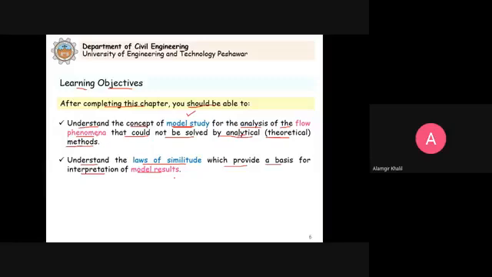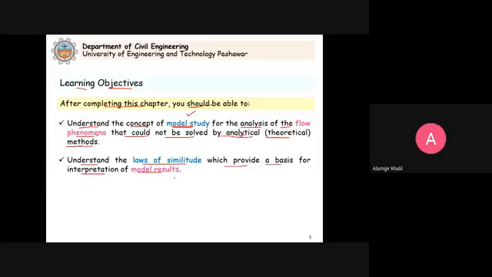So the tests were conducted. Now that you get the results, how we interpret those results, what those results mean. And because we conducted the tests on models, how we can transfer those results to the prototype, the actual structures.